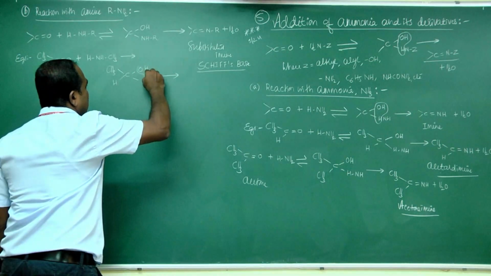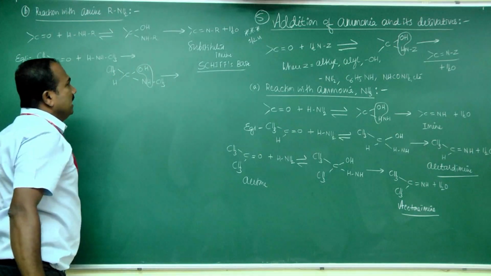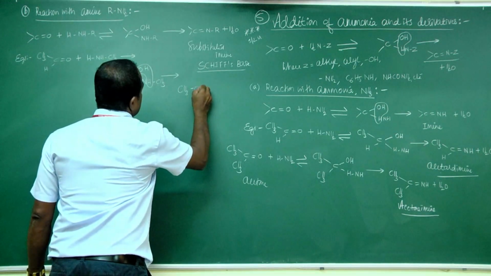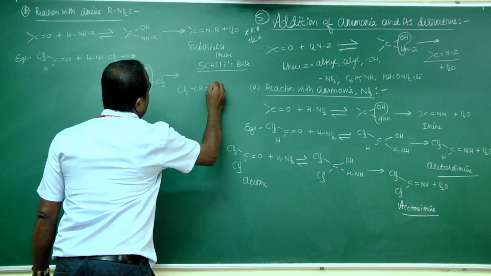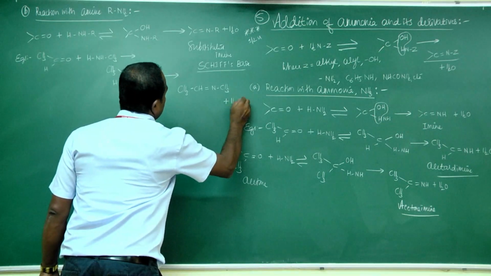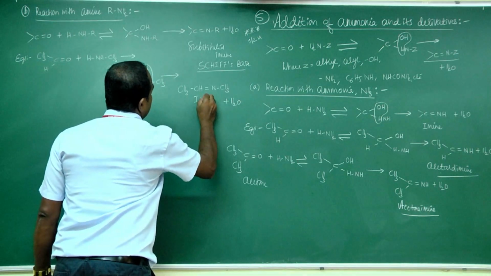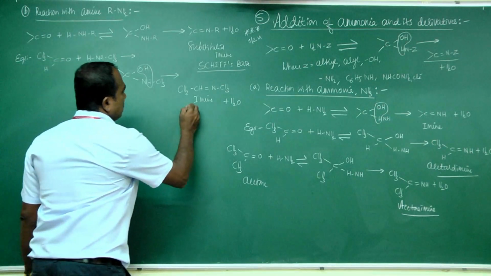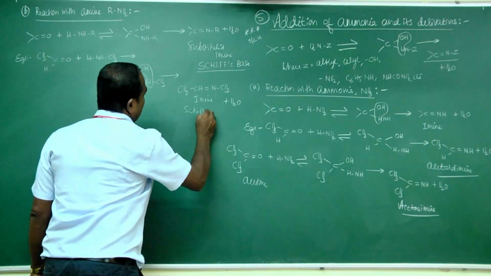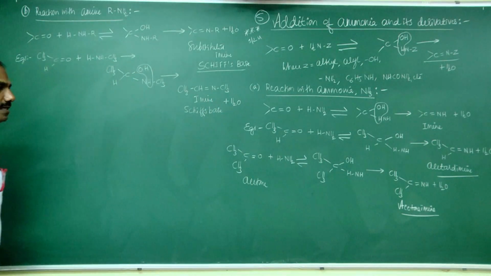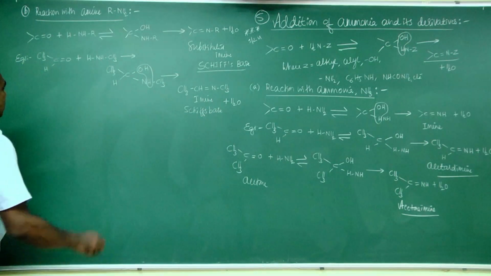Finally, dehydration takes place to give CH3CH double bond N connected to CH3 plus H2O. This is the imine. This imine is called Schiff's base.